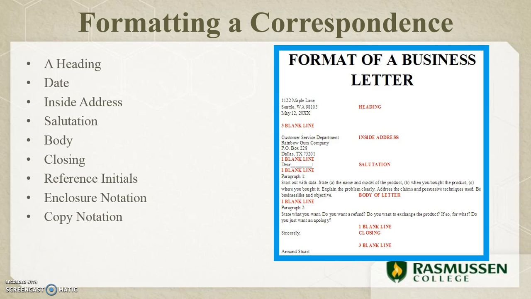With the heading, it will include your company's name, the providers that work there, the address, telephone number, and fax number of the facility in which you work. You'll want to put the date, and that is the date that you're actually writing the letter. You want to make sure it is in a present time.